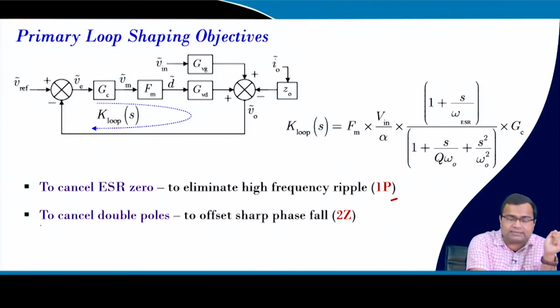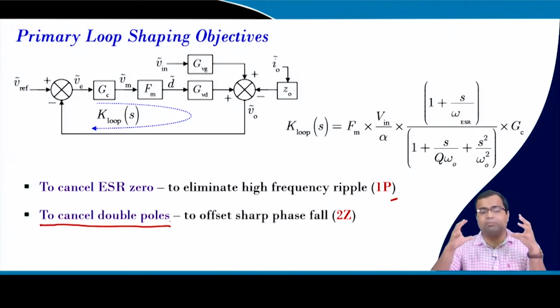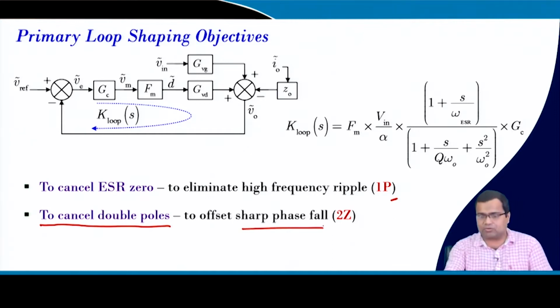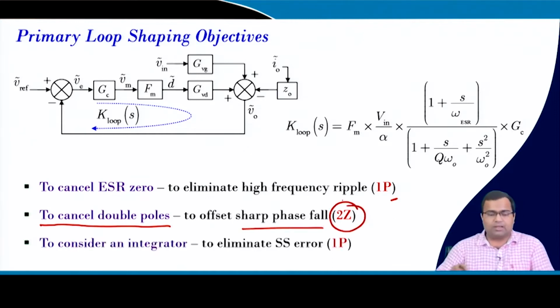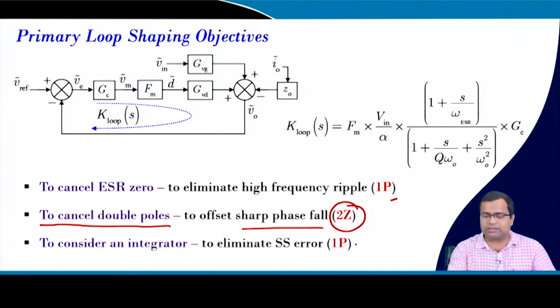In fact, this is the one which we will consider when we talk about robust compensation, because the double pole may not be perfectly known because of variation in the load resistance, but we still need two controller zeros to compensate that. We need to consider one integrator in the controller which will try to eliminate the steady state error, or it will provide sufficient DC gain. So, we need one more pole in the controller.